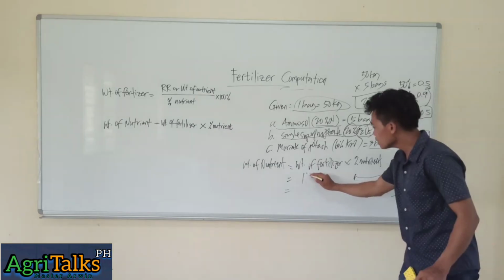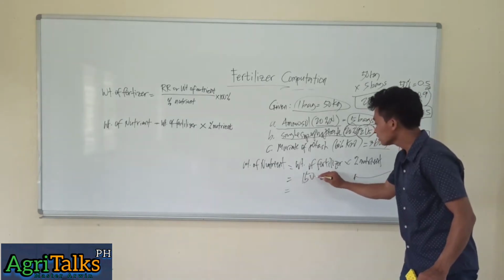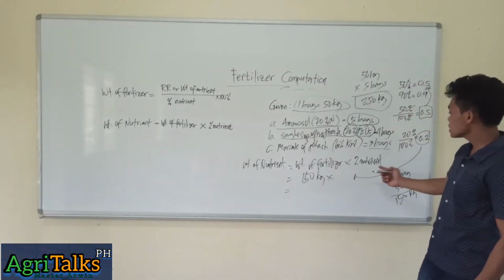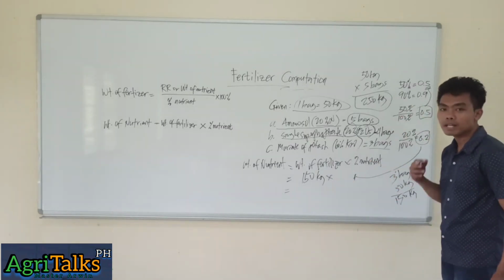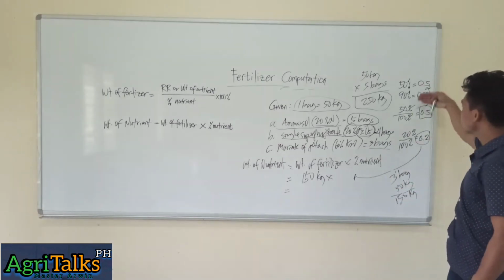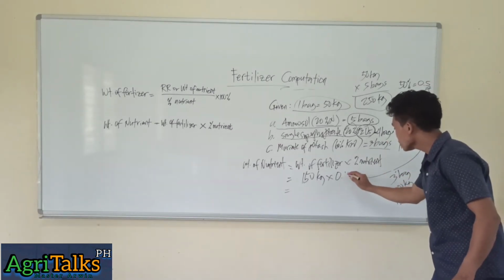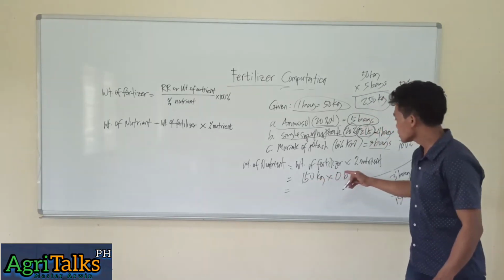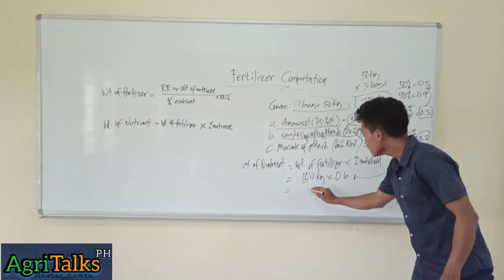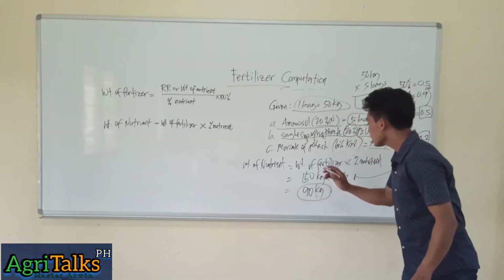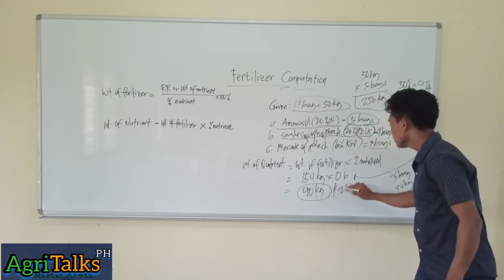So, 150 kilograms, the weight of fertilizer, times the percent nutrient, 60%, that means 0.6. 150 kilograms times 0.6, that would be 90 kilograms of potassium.